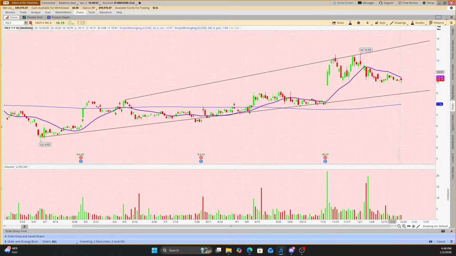I get it's consolidating. Probably gonna go down, so we're gonna look for this to at least bounce off this. Might hit the 200.